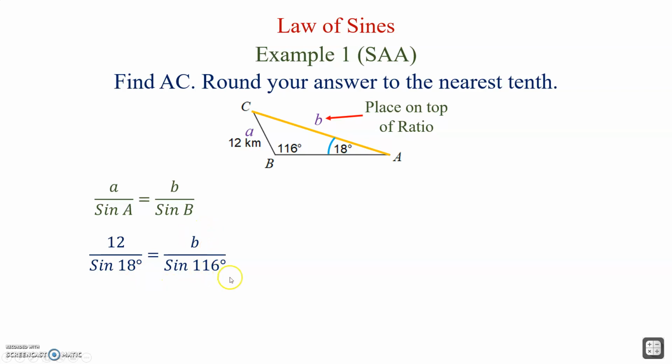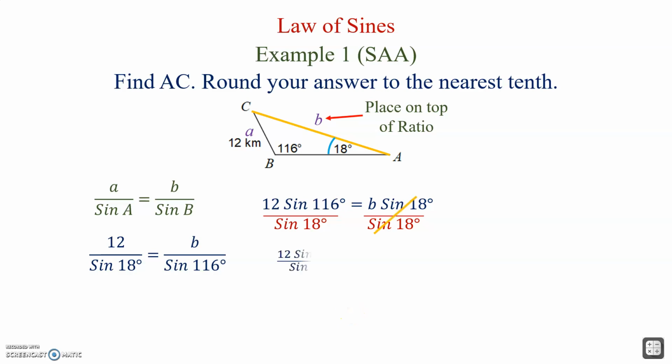And sine of 116 was our uppercase B. So what we now have is a proportion. Back in grade school, we applied cross multiplying. So if we cross multiply, we get 12 sine 116 equals b sine 18. Solve for b by dividing by sine 18 on both sides.